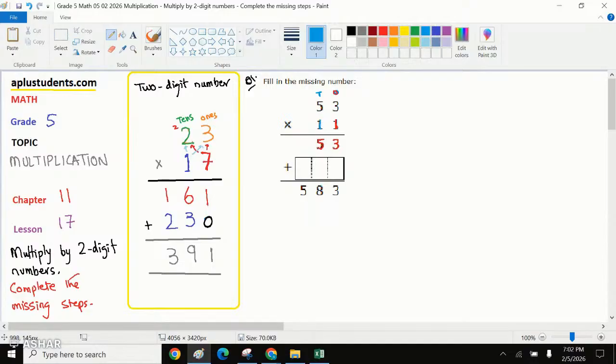So whenever we are doing tens, we need to put a 0 ourselves because that is already tens. So 1 multiplied by 3 was 3 and 1 multiplied by 5 was a 5. And when we add them, 3 plus 0 was 3, 5 plus 3 was 8, and 5 comes as it is. So we found the missing values, right? In this case, our missing values were 5, 3, and 0.